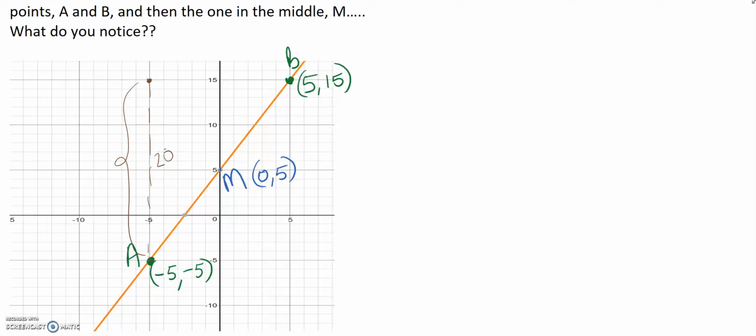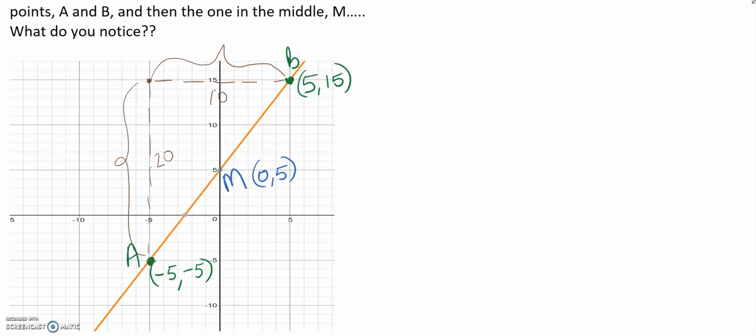And how about from that point to that point? It goes 5 across and 5 more, and that distance over there is a distance of 10.